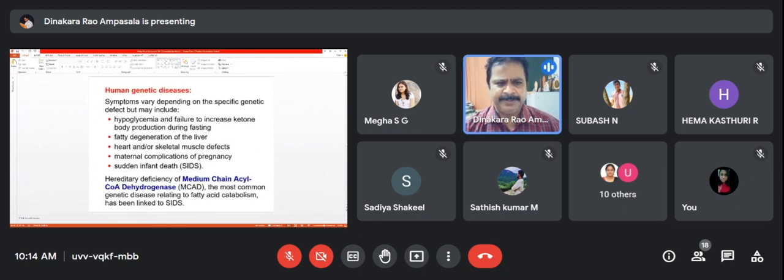Okay. So in human genetic diseases, symptoms depend on the specific genetic defect, but may include hypoglycemia and failure to increase ketone body production during fasting, fatty acid degeneration of liver, heart and skeletal muscle defects, maternal complications of pregnancy, and sudden infant death, which you can also see because of these enzyme mutations.